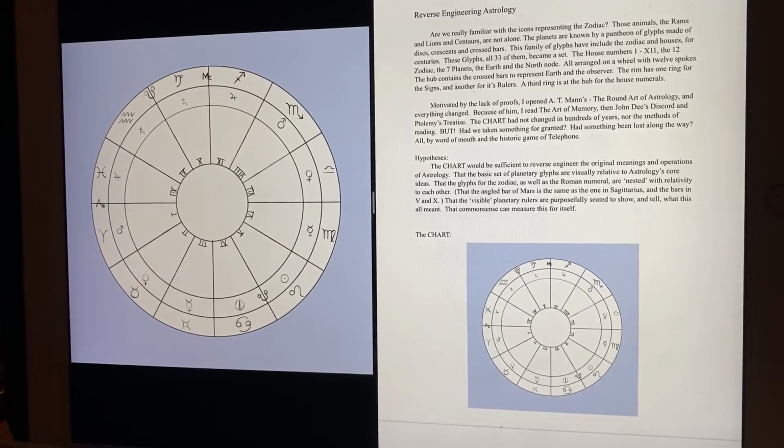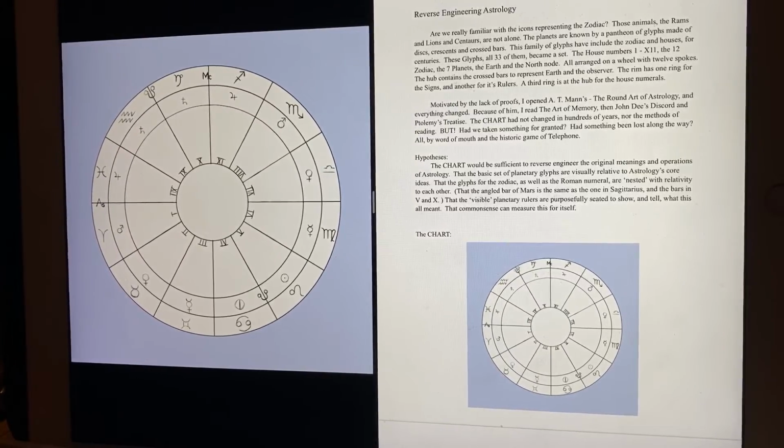Motivated by the lack of proofs, I opened A.T. Mann's The Art of Astrology, and everything changed. Because of him, I read The Art of Memory, and then John Dee's Discord, which contained the initial ideas for both A.T. Mann and myself of these things being made of parts, but John Dee only went as far as the planetary symbols.